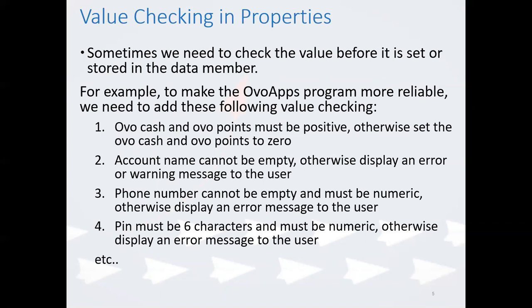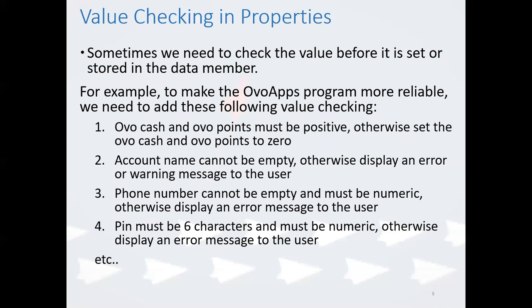If, for some reason, they are set to be negative, then we need to force it to 0, or we can simply raise an error. Okay, there's something wrong. You should fix it instead of putting a default value. We will talk about the approach, whether we should change it to a default value or raise an error, later on.